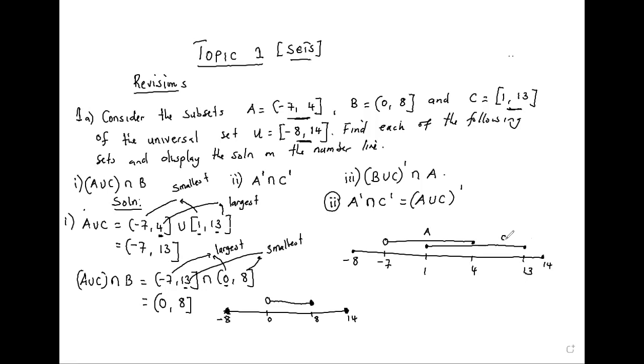So it's C. To get the union, I shade every A plus every C. So up there. So the union, A union C, is actually equal to -7 to 15. But the question says, can you find the complement of this set?